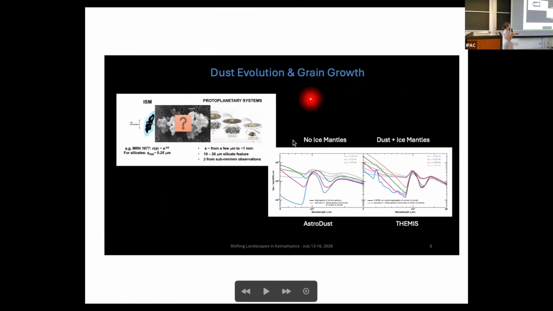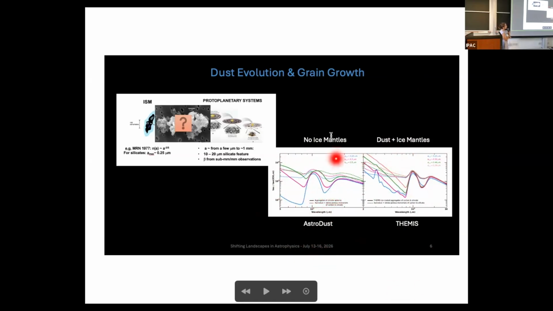There are dust models, both with ice mantles and without ice mantles, that predict the flattening of the extinction curve when we go to bigger sizes. These two plots are for two state-of-the-art models: the Themis model, which includes ice mantles, and the Astrodust model, which does not.